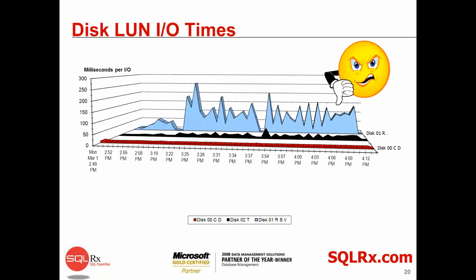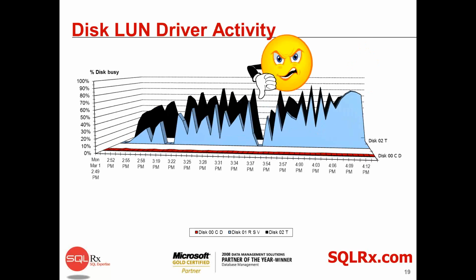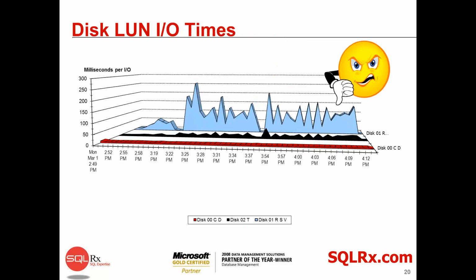Again, you have to look at the scale to be sure you're seeing this, but you can see 300 milliseconds per I/O or 250 is definitely not where you want to be. So this LUN RSV is having trouble. If you look here, the utilization is very high. And if you look here, the performance is very poor. So between the two, you'd have to take this LUN and break it apart. That would probably be the simplest way to go here.